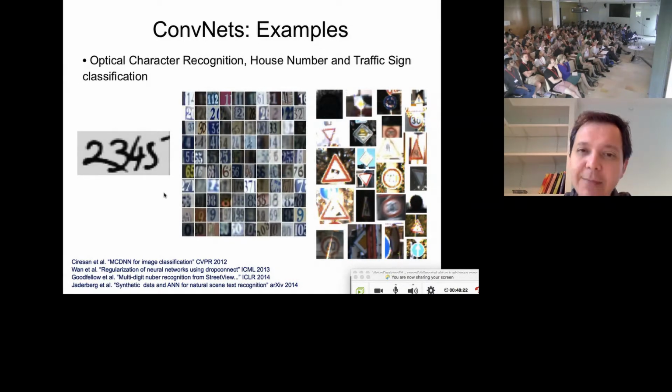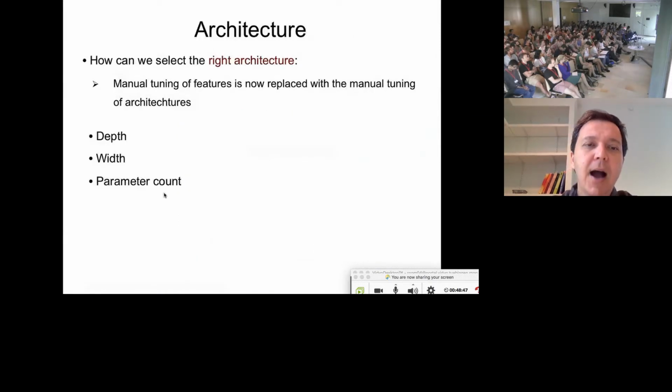I don't have time to go into specifics of convolutional networks, but you can think of them as models that have a very specific architecture. They use convolution as an operation instead of just taking the linear combination, and there are a few tricks for training these models, but they've been very successful for visual tasks.